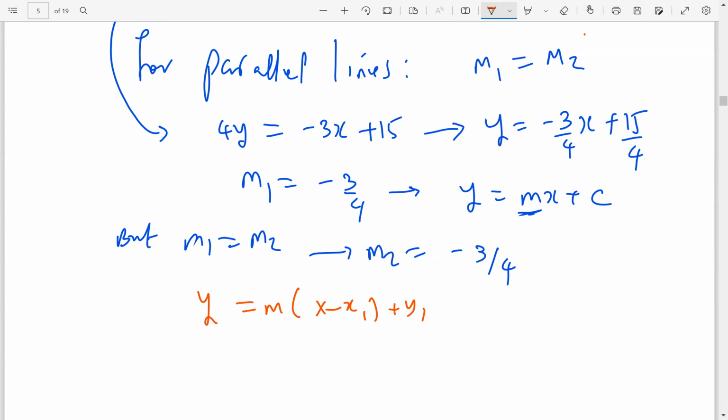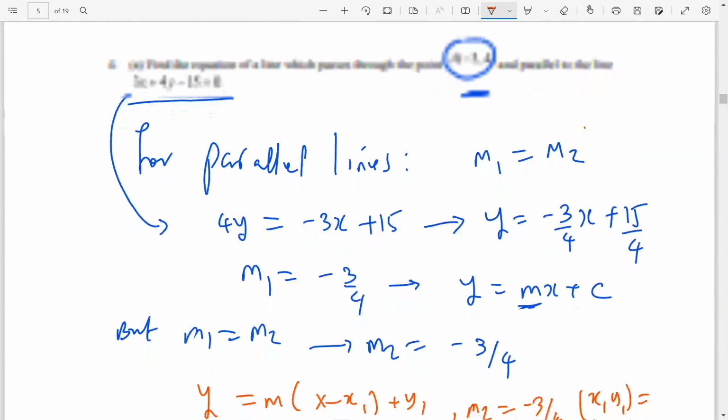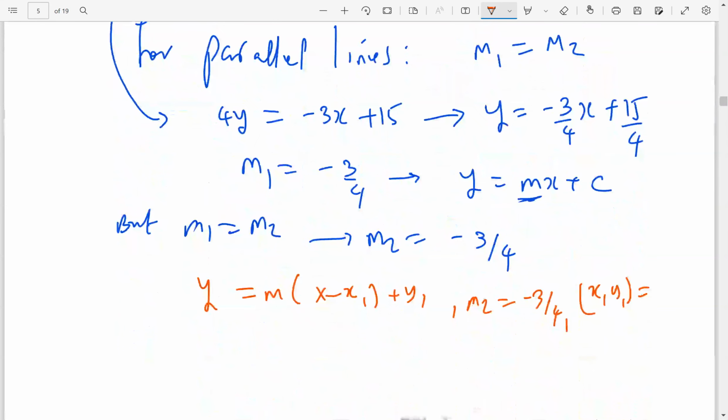Our slope here is m2, which is negative 3 over 4, and x1, y1 is point A, which is negative 3 comma 4. So the equation will be y equals negative 3 over 4 in the bracket x minus negative 3, plus y1, which is 4.